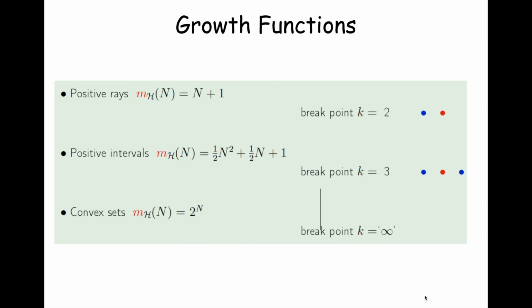If the anchor point is here, the positive ray will say this is minus, minus, and everything here is plus. If the positive ray has its anchor point between x1 and x2, it'll call x2 positive, x1 negative. But it can't call x1 positive and x2 negative. It's not able to generate that dichotomy. So when we go from a data set of size 1 to size 2 for the positive ray, it breaks when the data set goes to 2, and therefore its breakpoint is 2. Does that make sense?